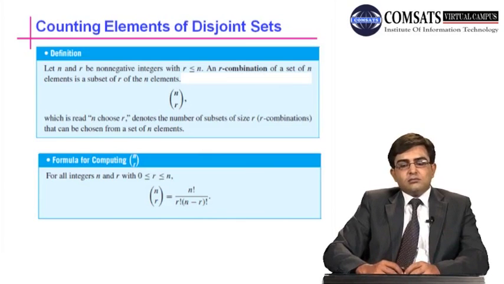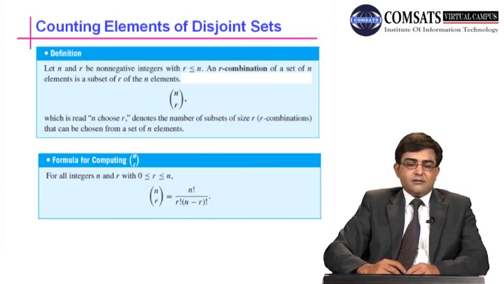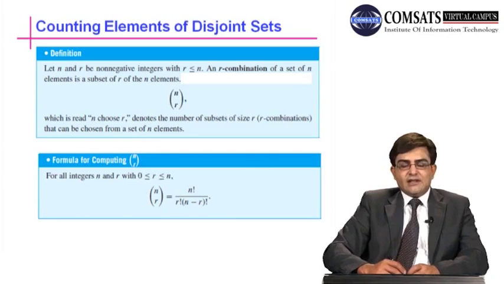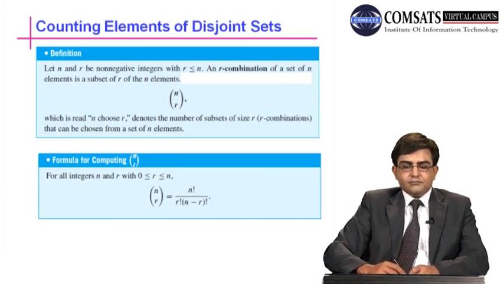As you know from the previous lectures, if we are given 2 non-negative integers n and r, and r is less than or equal to n, then an r-combination of a set of n elements is a subset of r of the n elements.